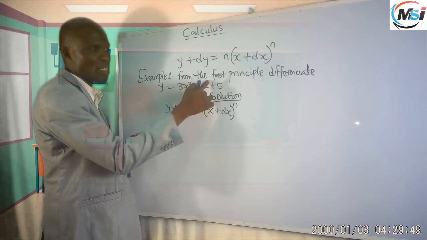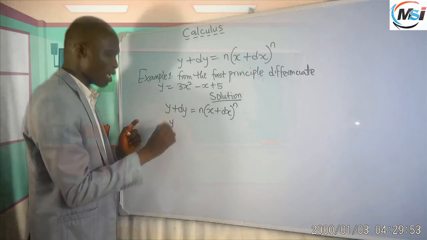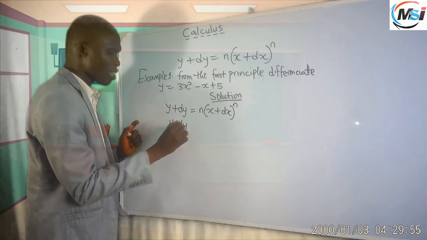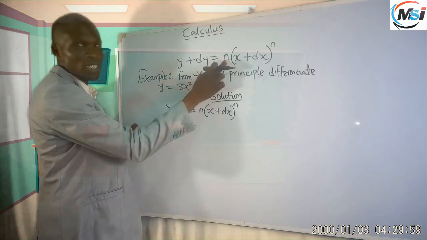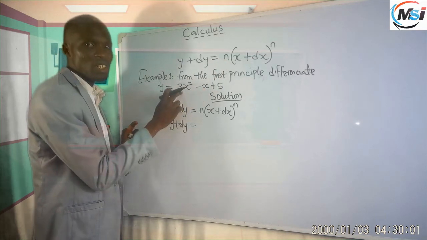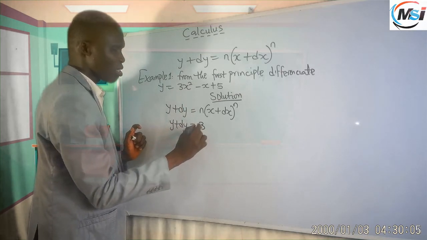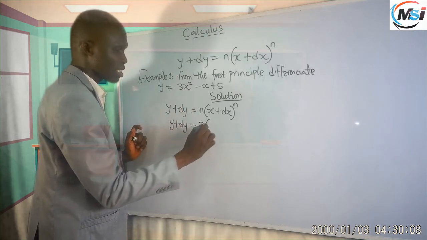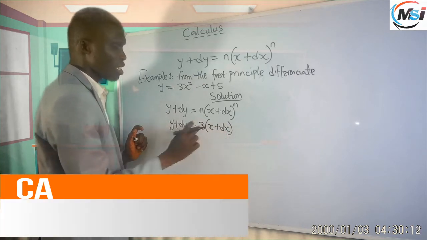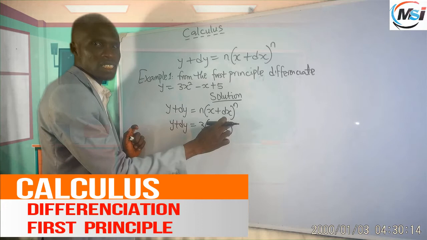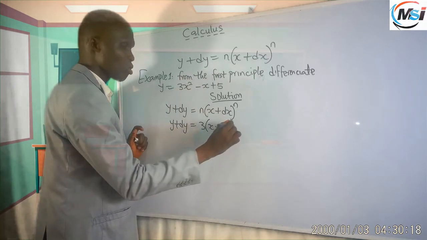It's talking about the power. You need to understand that. So y plus dy equals, n here is 3. That means we have 3 bracket x plus dx, and the square is outside, which is 2 here.